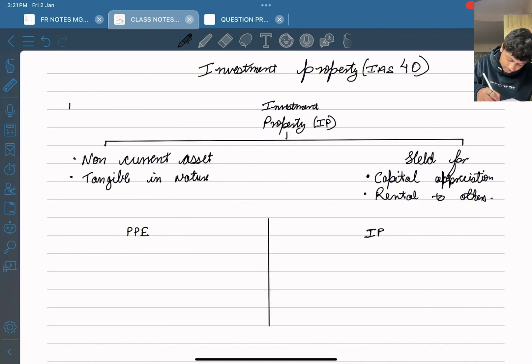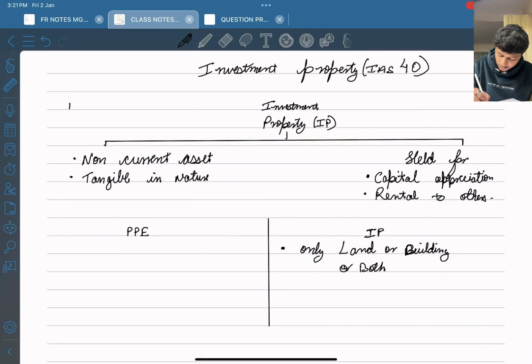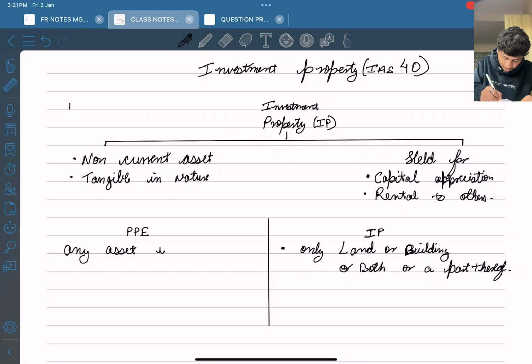The major difference is that in investment property there is only land or building or both or a part thereof. So there can be only land and building in investment property.